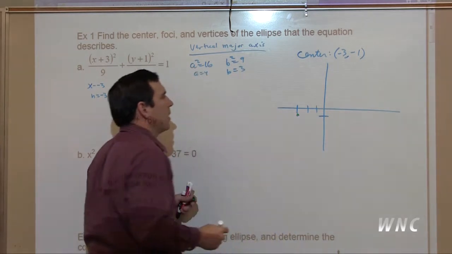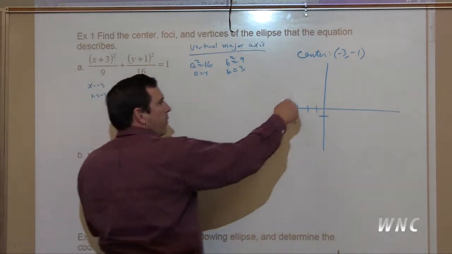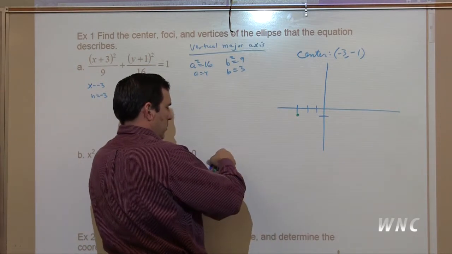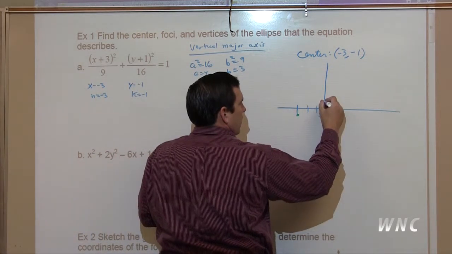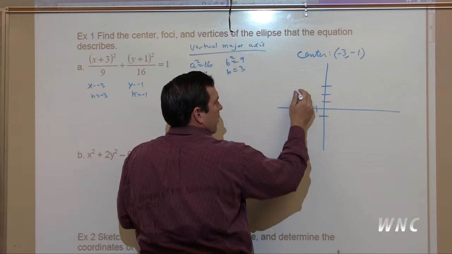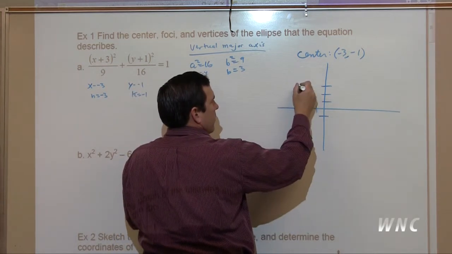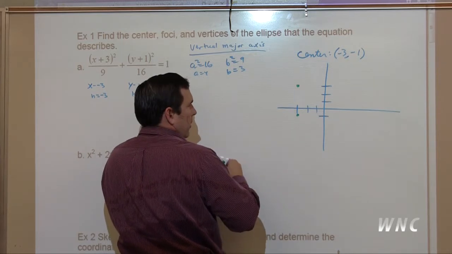There's the center. Now a is 4, that's our major axis, so we're going to go up 4 from this location. So 1, 2, 3, 4. Go to green for that. And down 4 from this location.